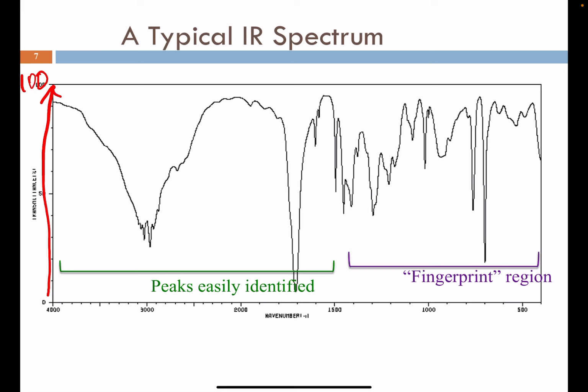So if photons are passing perfectly through the material, then 100% of photons of, say, near 4,000 wave number are passing right through the material to the detector. If almost none are passing to the detector and instead triggering vibrational modes in the material, we can expect a very deep well in the spectrum on this transmission or transmittance.